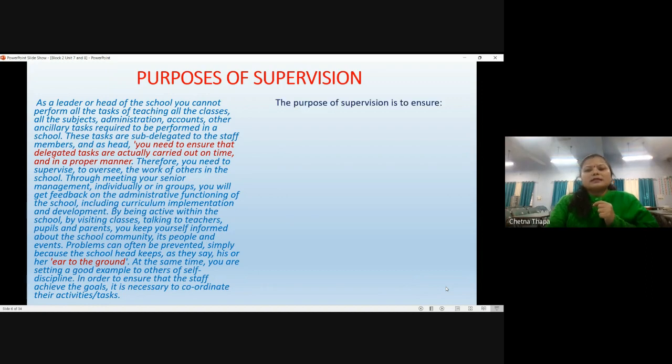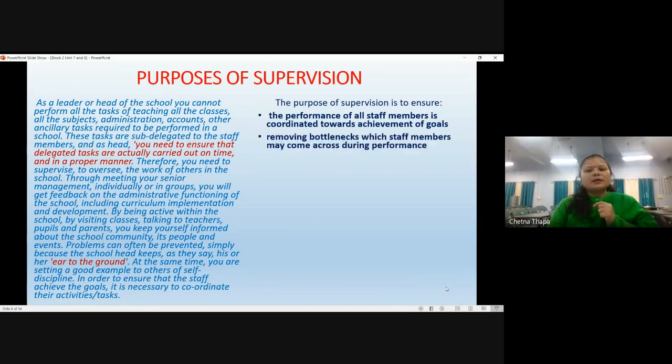Now, what is the purpose of supervision? One is you know the performances of all the staff members, and you also see to it that these are coordinated towards the achievement of the common goal, which we have discussed in the previous slide. The supervision may help in removing the bottlenecks which staff members may have come across during the performances.